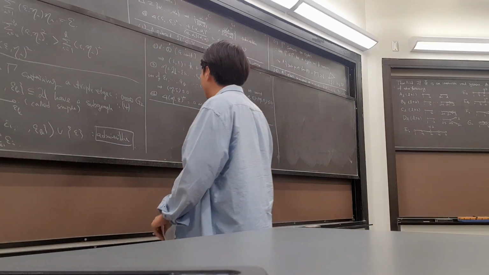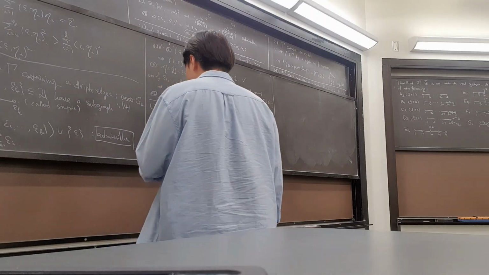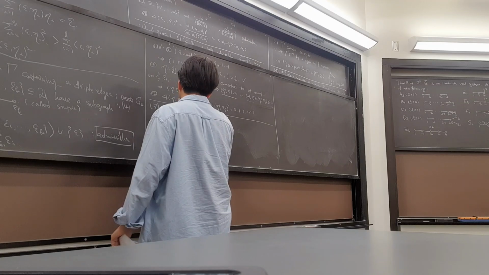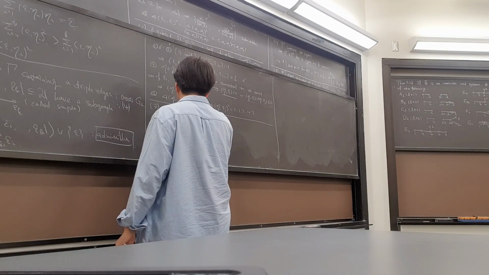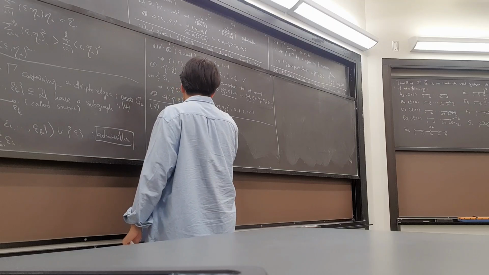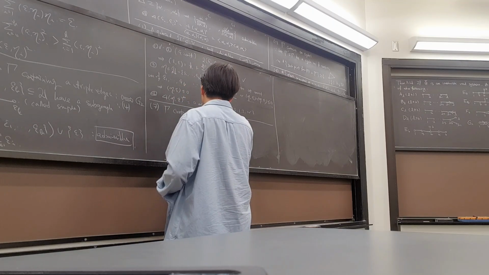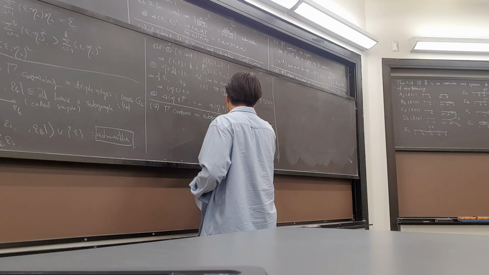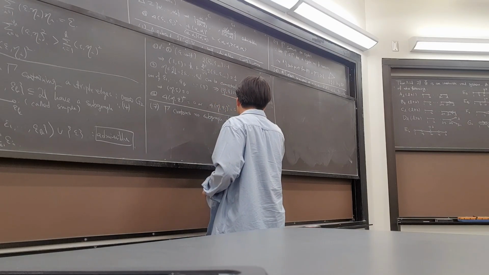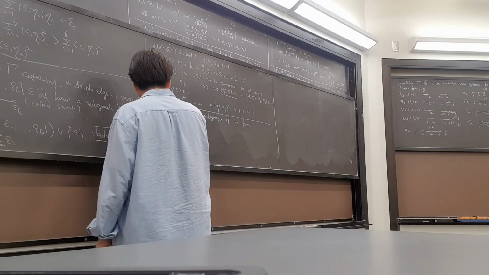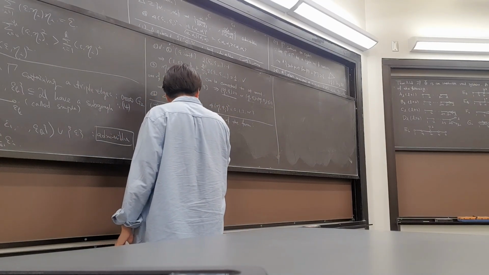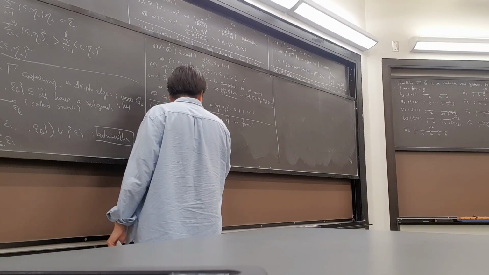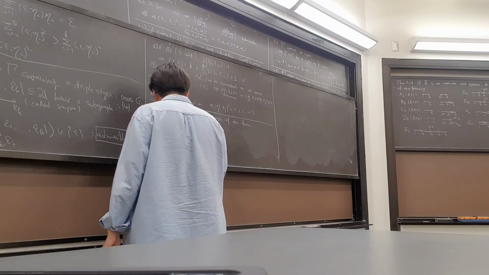Okay, so claim 7 is that gamma contains no subgraph of the form: the first one is like this, the second one is like this, the third one is like this.